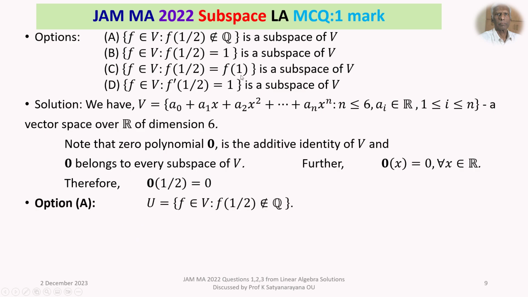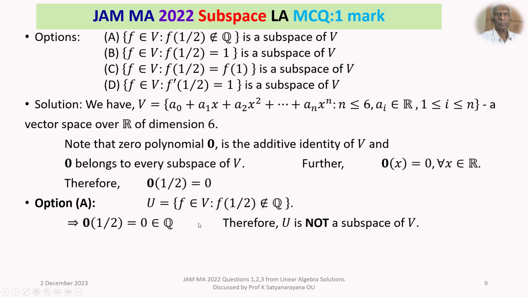Let us call the set that is given in option A as U. Now the 0 polynomial at 1 by 2 is 0, which belongs to Q, but here it is given that it does not belong to Q. That means it is not a rational number, which is not true. It is a rational number.